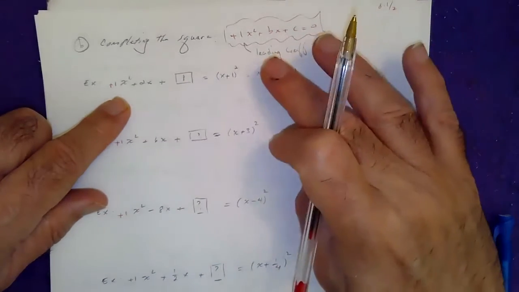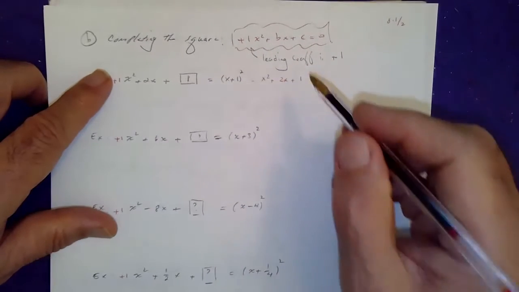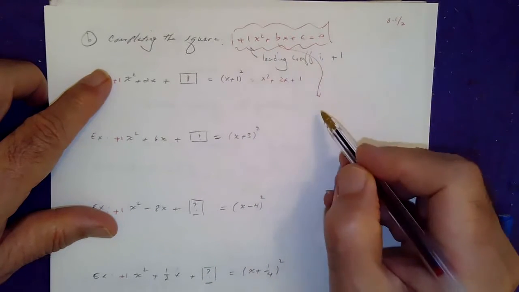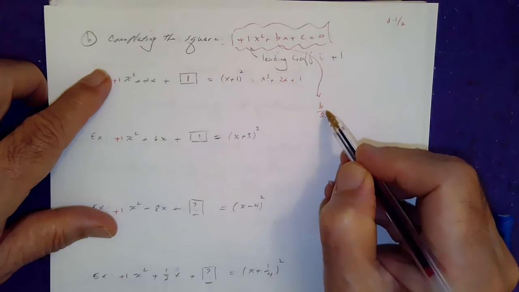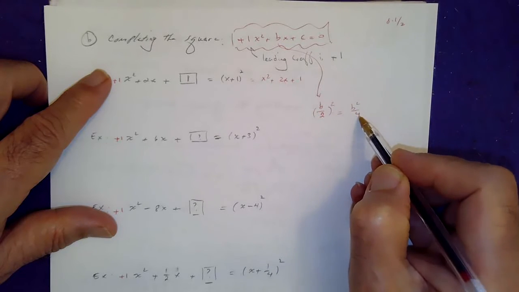But without knowing this, how would you know what to add? So the idea is the following. You take the coefficient of x, which is b, divide it by 2, and raise it to the power of 2, which is b squared over 4.